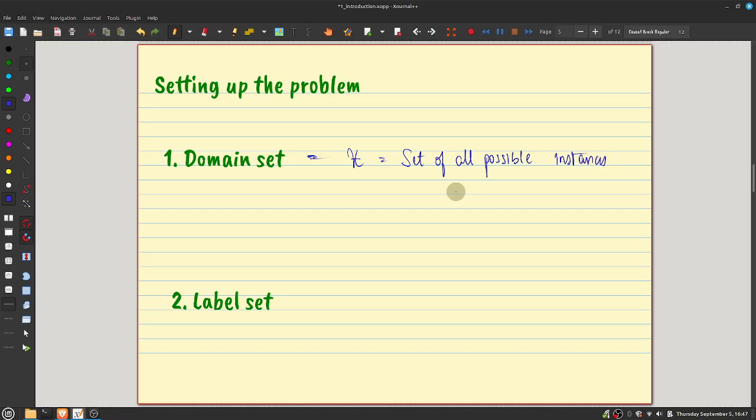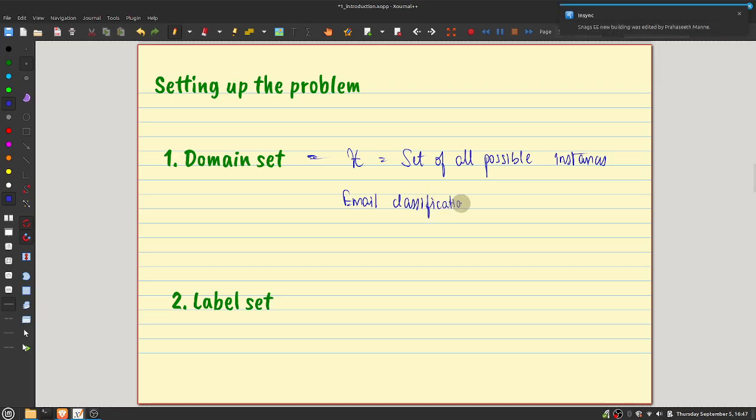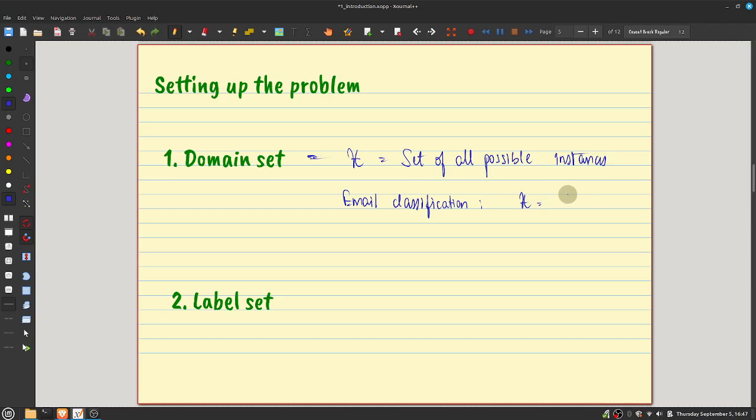Right? So for instance, if we are dealing with, say, email classification, then the instances are basically emails, right, which are paragraphs of text. So X would be all possible text in the universe, maybe with a word limit.